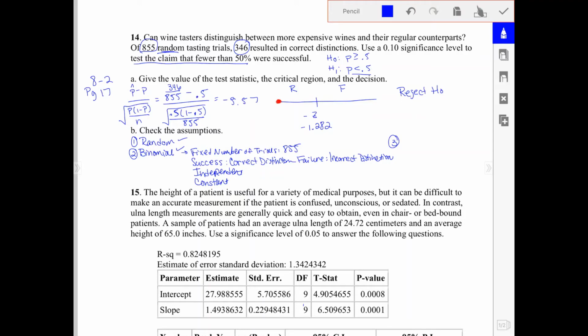And then our third assumption, there has to be at least 5 successes and at least 5 failures. So we're going to say np greater than or equal to 5 and n times 1 minus p greater than or equal to 5. n was 855, p is 0.5.